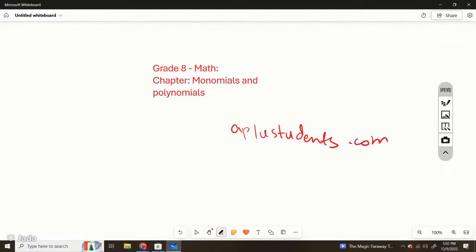Then you have to select math from the subject tab. Scroll down to grade 8 math and then click on view all lessons. There you can find a list of the chapters. We're going to start with the chapter Monomials and Polynomials.